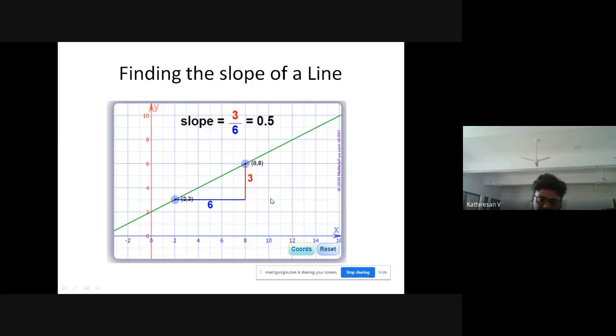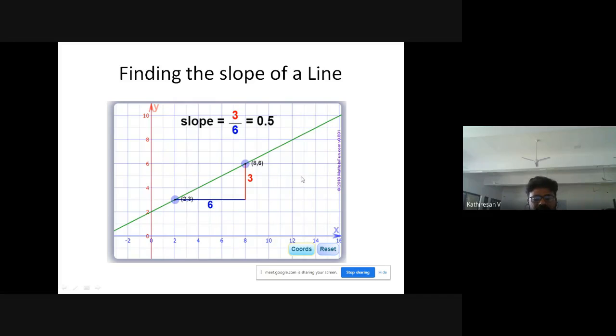So that's how it is coming 3 by 6. And wherever you calculate, the slope will come the same way in a straight line, because here we are dealing with a straight line, but you can calculate the slope between 2 points in a line. Okay, be clear.